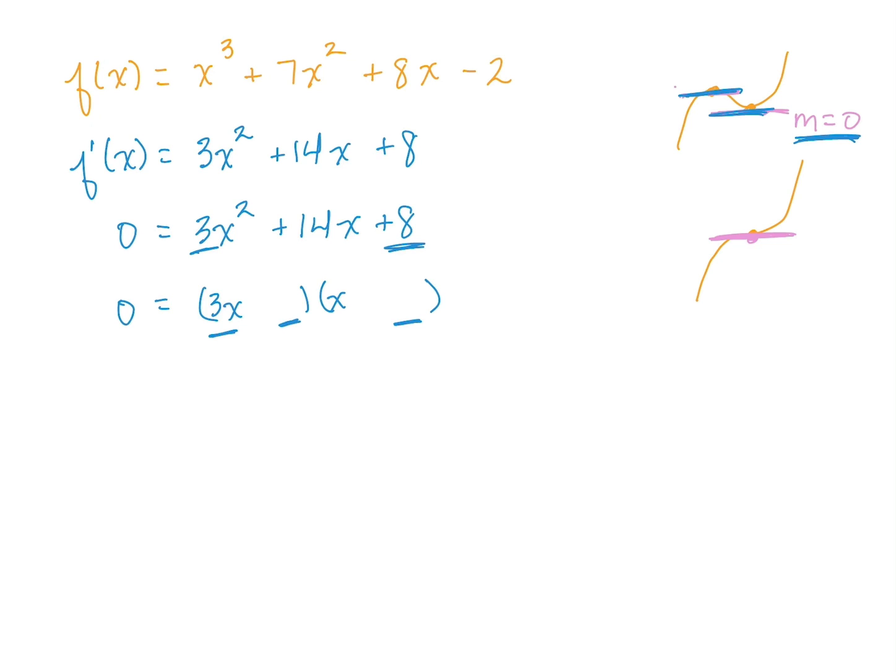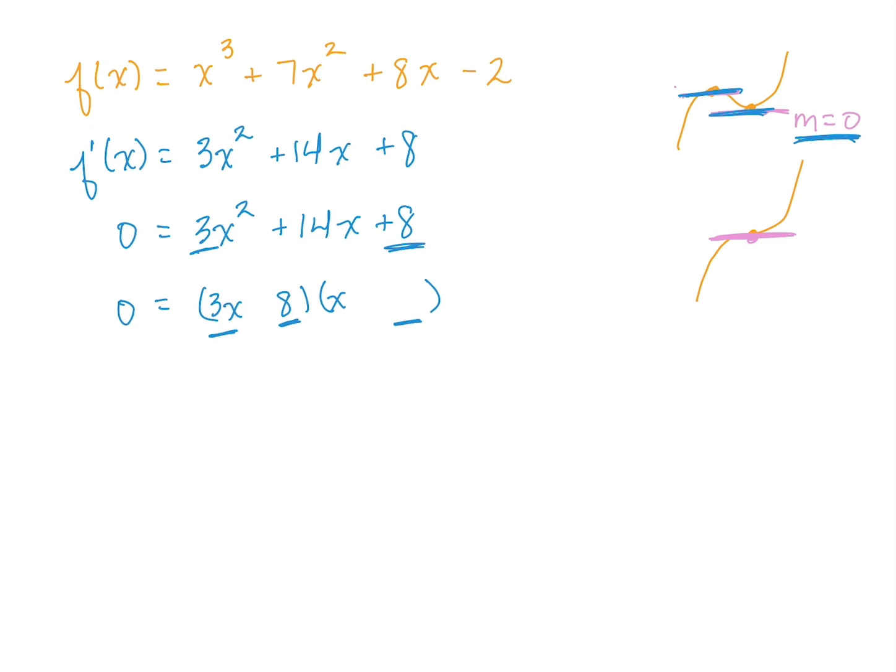If I think about the factors of 8, I could use 8 and 1. If I put 8 here and 1 here, for example, 3 times 8 is going to give me 24. That's going to be way too big. It's not going to give me 14. If I switch and I put 8 here and 1, 3 times 1 is 3. 3 plus 8 is 11, so that's also not going to give me 14.